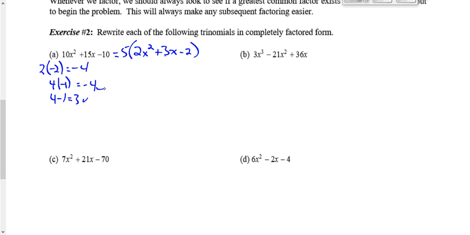We're good? So this equals 5 times what? We're going to split that middle term up into what? 2x squared plus 4x minus 1x minus 2.